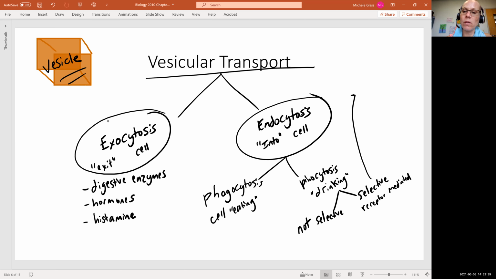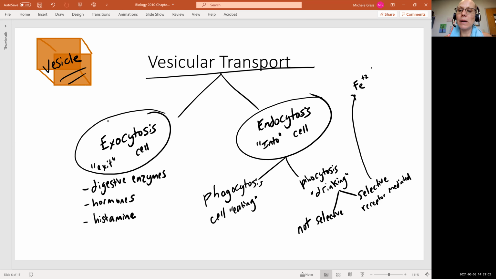So when we talk about selective or receptor-mediated pinocytosis, we see this with the important metal iron that we need for oxygen transport. So we see that it's going to bind to a certain receptor.